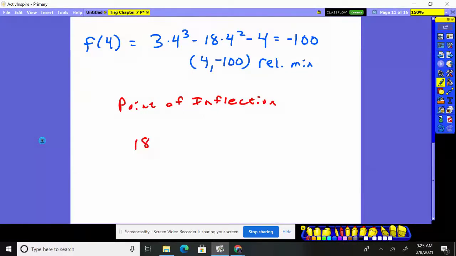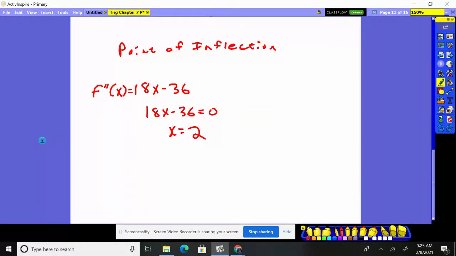That is our second derivative. Now I just set it equal to 0, and I can see x is 2. Move your 36 over and divide by 18. X is 2. Plug 2 back into that original equation to find the y value.